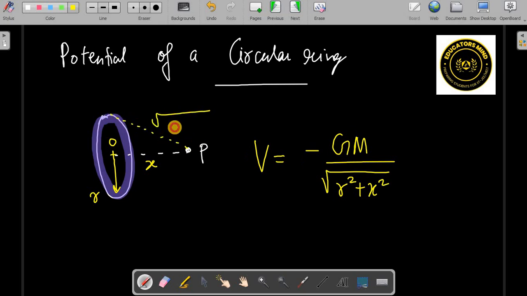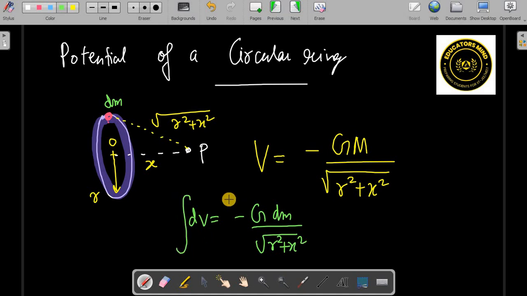So this distance is root under r square plus x square. Okay, because each point on this ring is at the same distance, so we are actually adding up by doing the summation, right? We are actually calculating the small potential first due to this small mass dm, and this distance is the same, so the potential is minus G dm by root under r square plus x square.